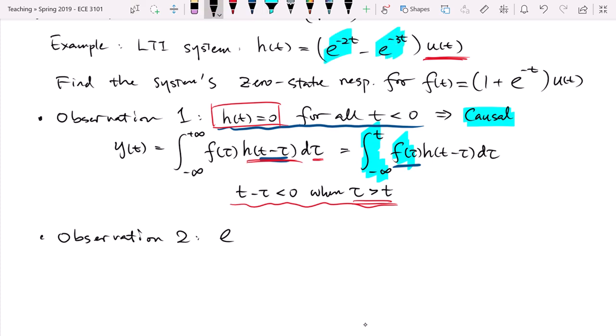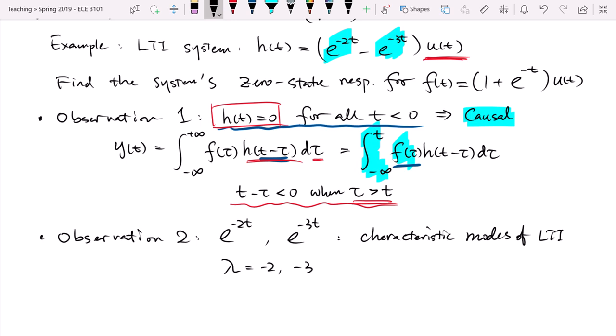Second observation: you have two exponential signals. What does it mean? It means two things. It means these are the characteristic modes of the system, and second, you also have the characteristic roots.